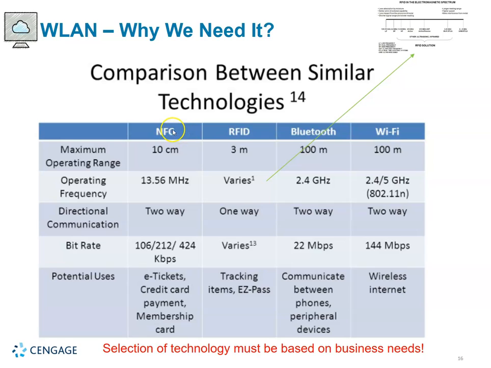So if you look at these and take in this table and do comparisons, you can see some patterns developing. Maximum operating range is how far these signals propagate. You can see that Bluetooth and Wi-Fi can propagate the farthest, in the 100-meter range. That's over 300 feet.